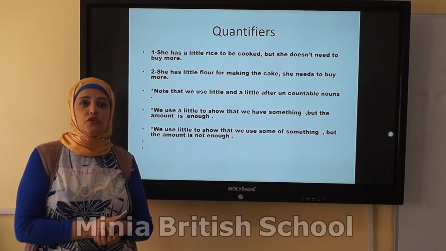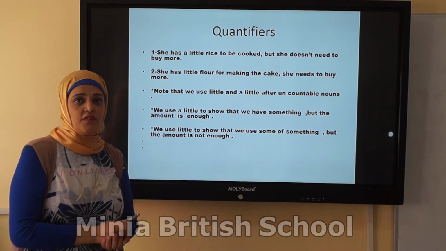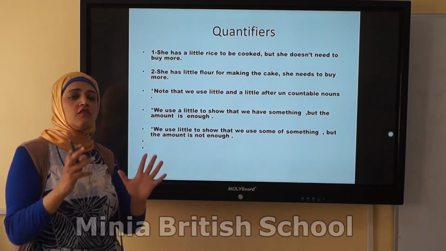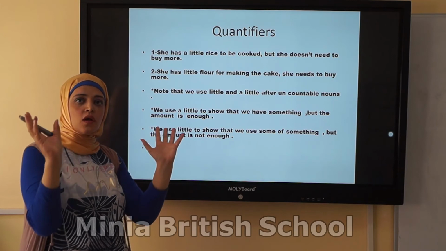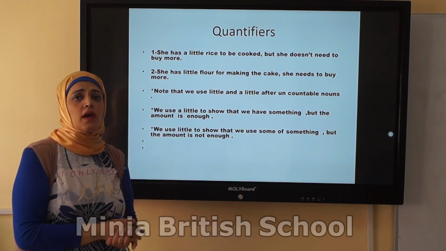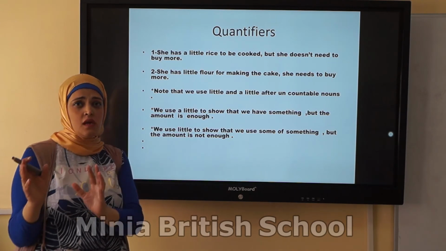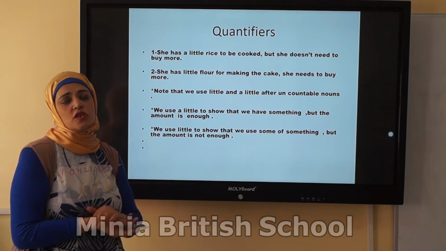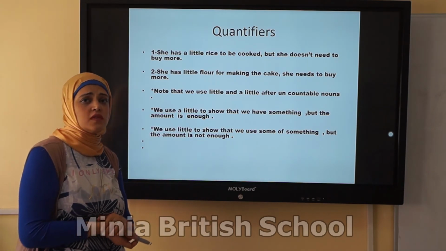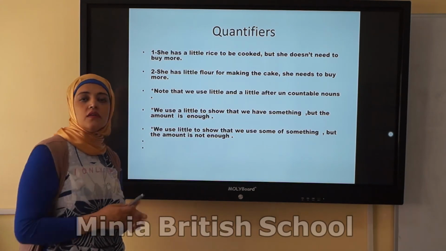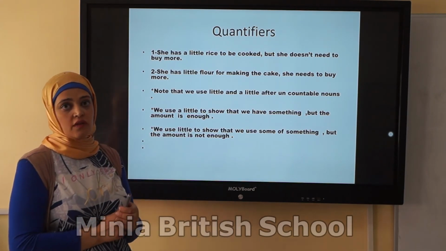You remember that we used few and a few with countable nouns to refer to having some things, but not many. Sometimes they are enough when we use a few of them, and sometimes they are not enough when we use few of them, like the example that we explained together.